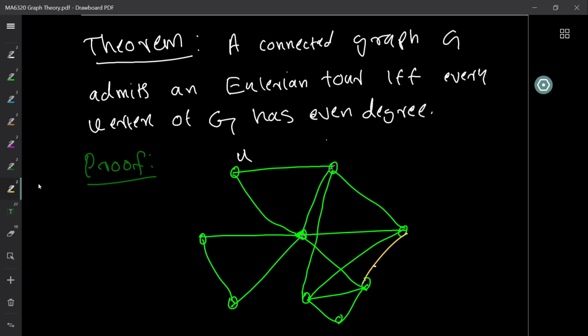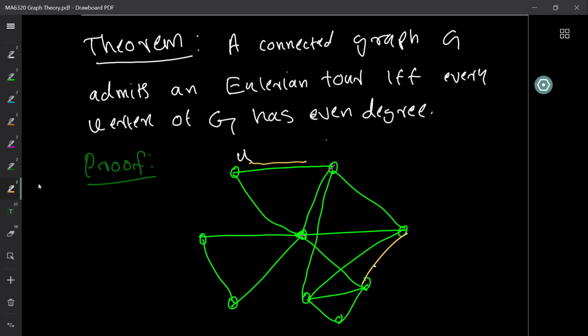Now what I do is that I start from any vertex that I want. Because it's a non-trivial graph, every vertex of this graph has degree at least 2. If it is just a single vertex, then it is Eulerian by itself, so there is nothing to prove.